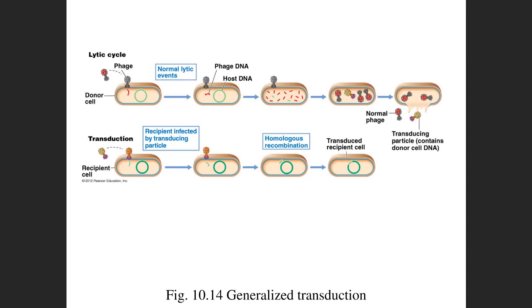At the beginning, a phage injects its DNA, and that's the red. The red is the phage DNA, and it goes in, and what happens? The phage DNA gets replicated, right? And the host DNA gets cut into pieces, right?